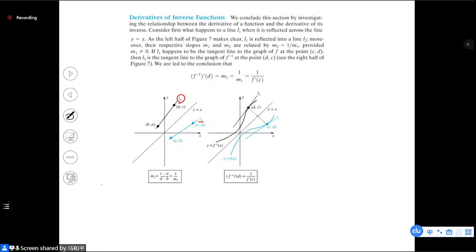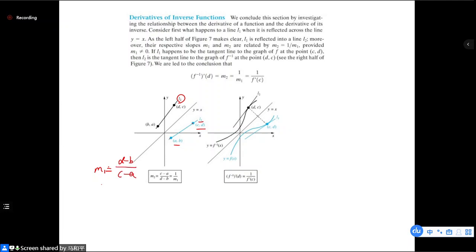Here, we can prove it. We choose two points (a, b) and (c, d), so we can find the slope of L1, which we learned last semester. This is m1: m1 = (d - b)/(c - a), right?